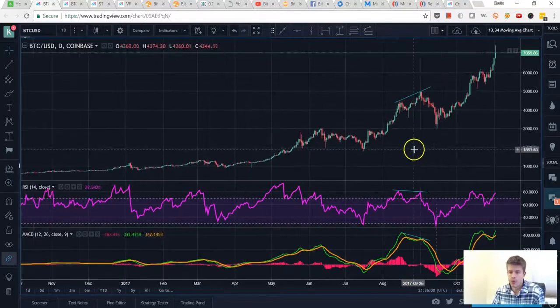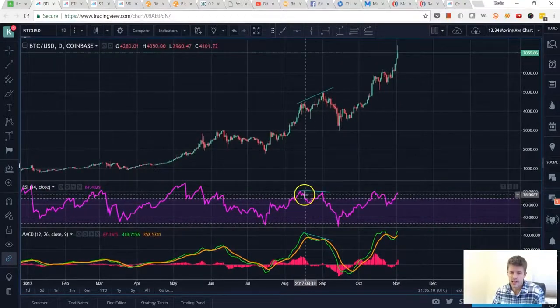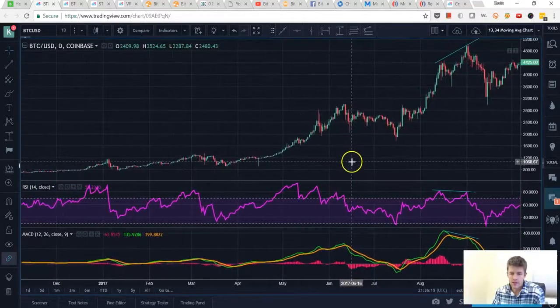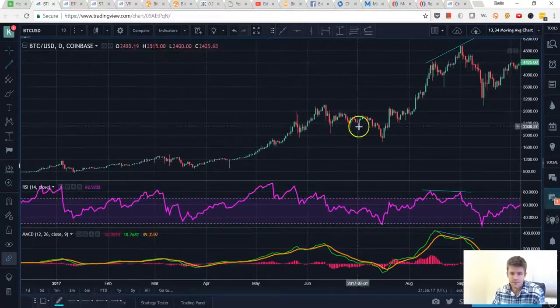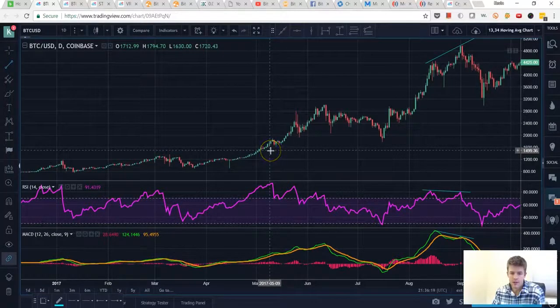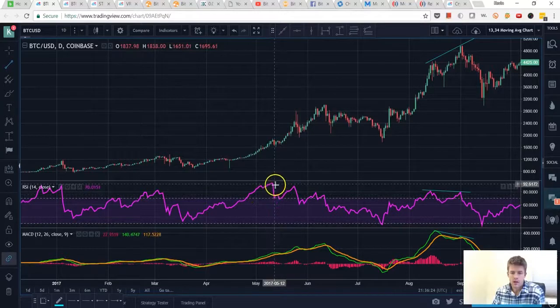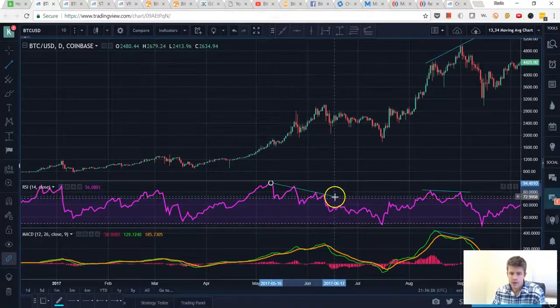And so we see both a divergence on the MACD and the RSI here. Let's go back a little bit. We definitely see some divergence here. So going back to May to, let's say, June on Bitcoin, we see some big divergences here with RSI.